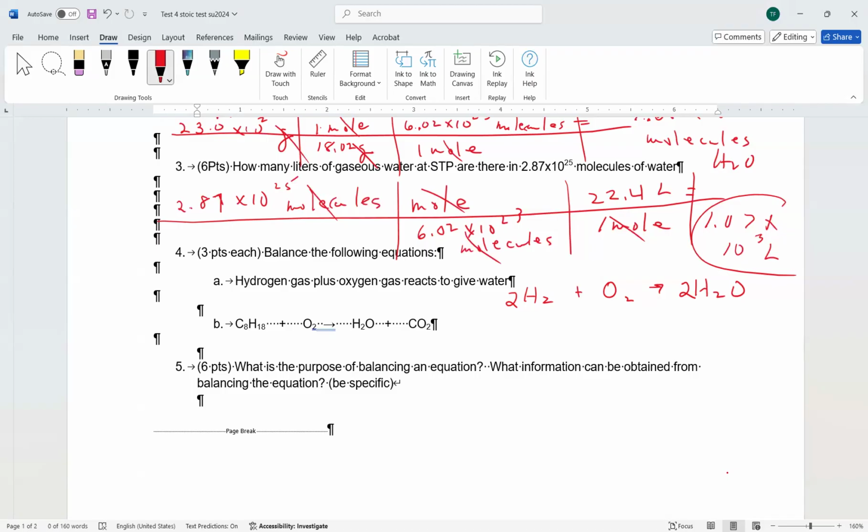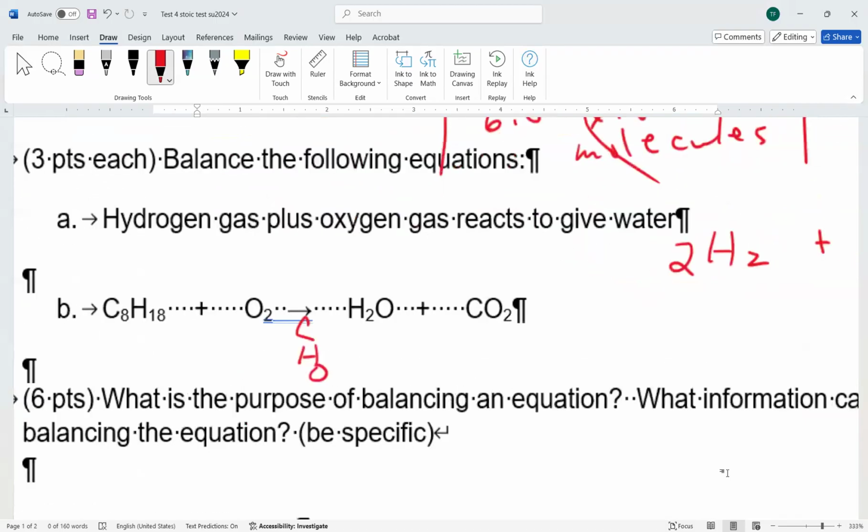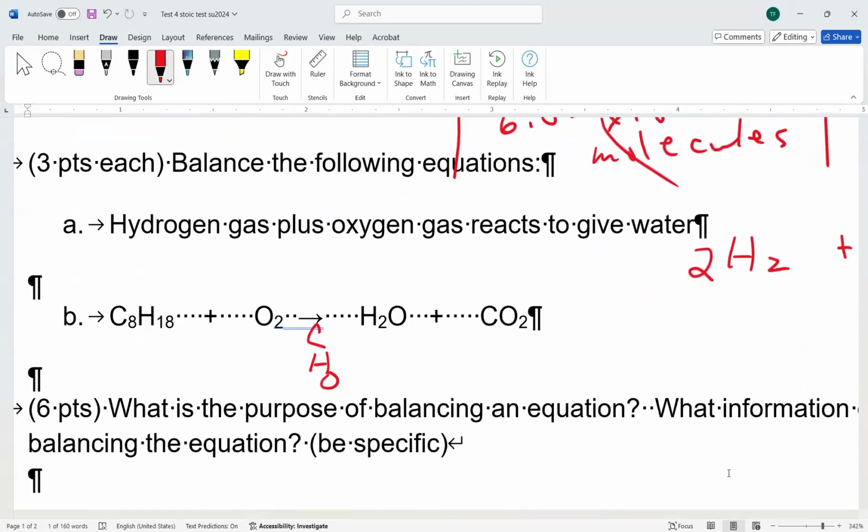Okay, so let's balance this guy. All right, we've got 8 carbons on the left, 8 carbons on the right, 18 hydrogens on the left. It's interesting, a different version of OneNote came up.